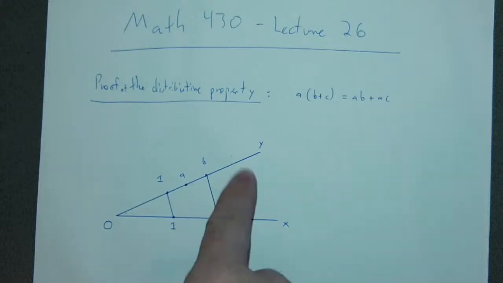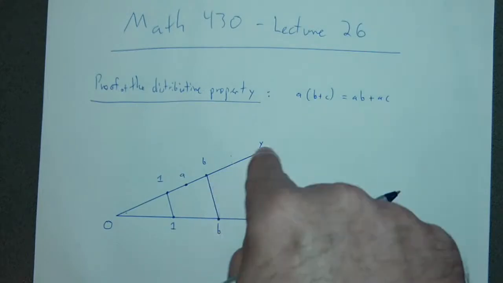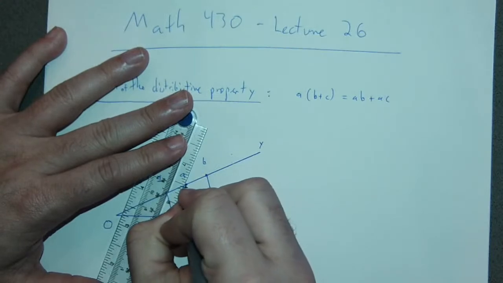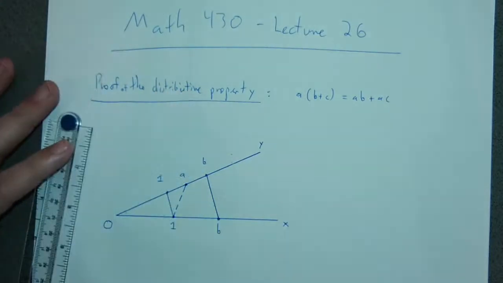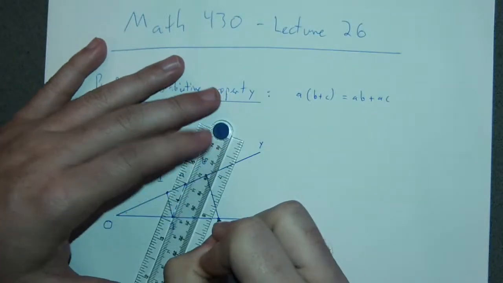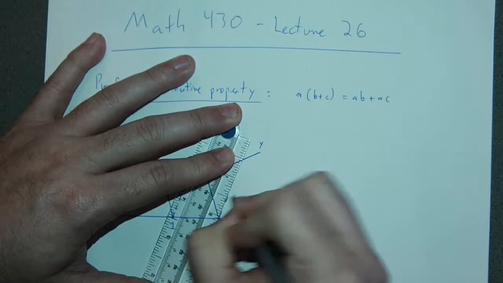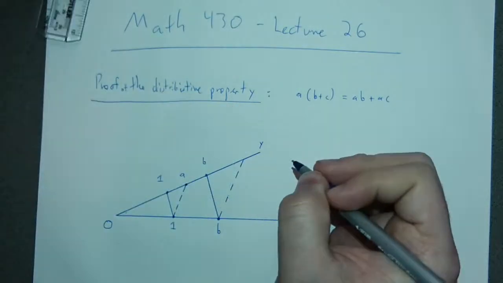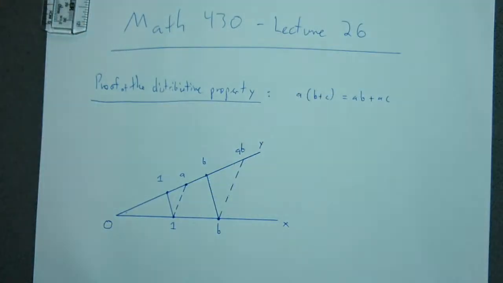And now that I've done this, I can actually construct AB on the y-axis by drawing in a dashed line from A to 1 on the x-axis, and then drawing in the line parallel to that from B to the y-axis. This constructs the product AB on the y-axis.